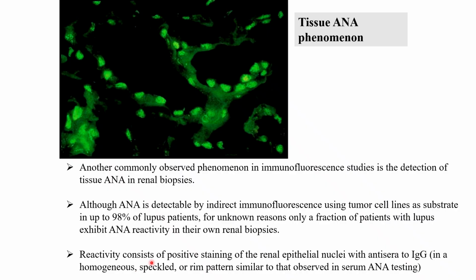The reactivity consists of positive staining of renal epithelial nuclei with anti-sera to IgG in a homogeneous, speckled or rim pattern similar to that observed in serum ANA testing.